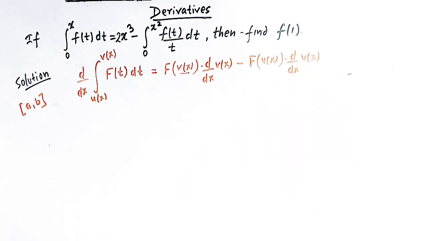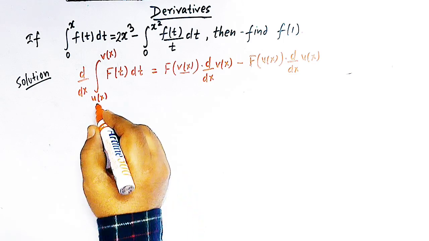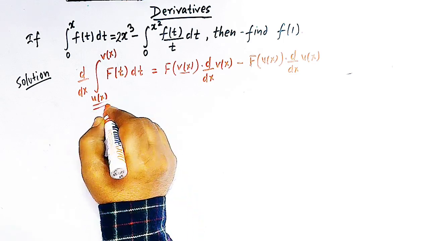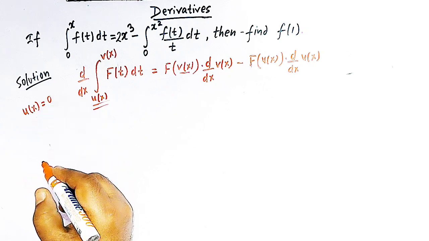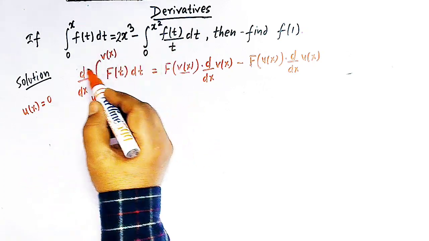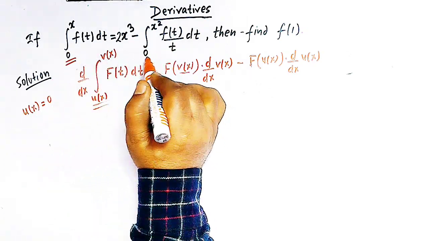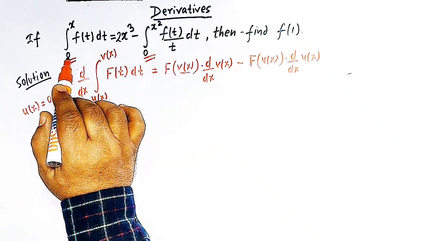So now consider the special case when the lower limit, that is u of x, is equal to 0, right? In the given problem here we have the lower limit as 0, right?